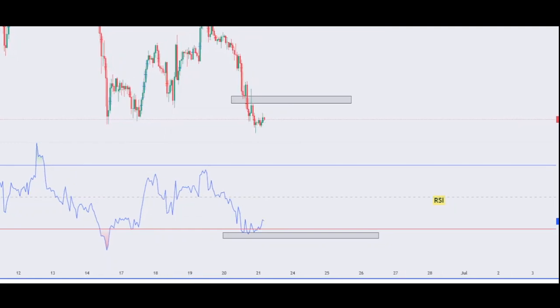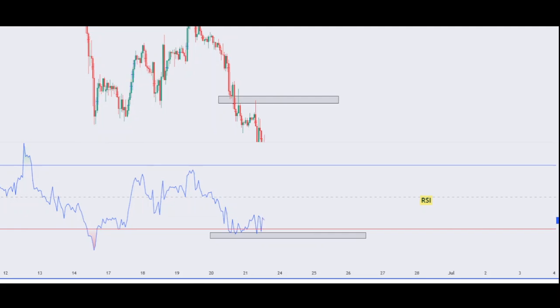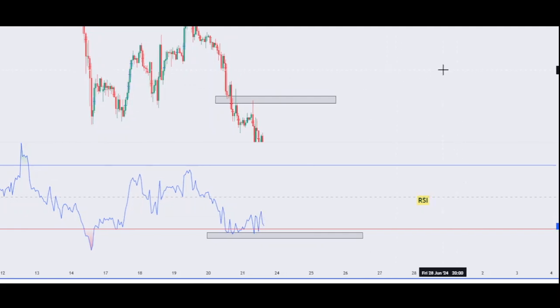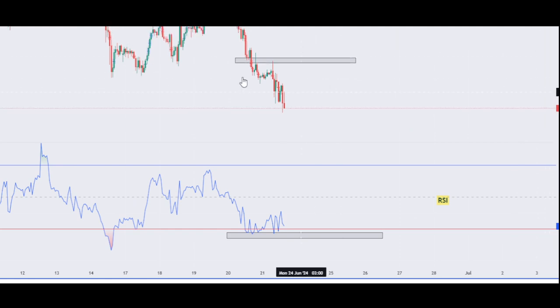So you can see that the price is still failed to break this one. So price is still giving us equal lows. So now let us see what is going to happen now. Let's see what the price action is trying to do around this zone here. You can see on the chart the price action is still giving us lower lows, lower high, lower low, lower high, lower low, lower high.